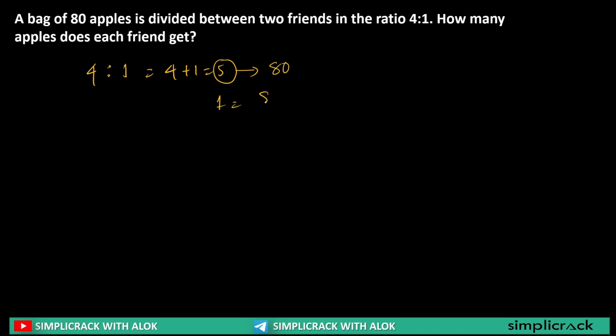So one part will be equal to 80 divided by 5, that is 16. If one part is 16, one friend will get 16, but the other friend is getting 4 parts, so 4 into 16 is equal to 64. So one friend will get 64 apples, another friend will get 16 apples.